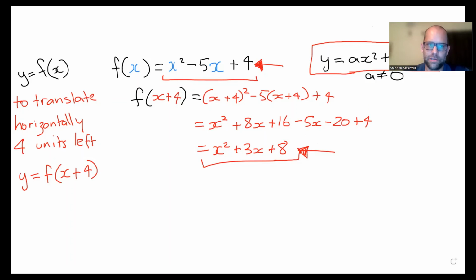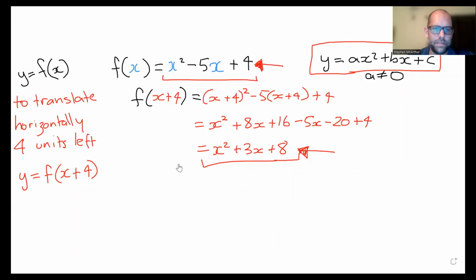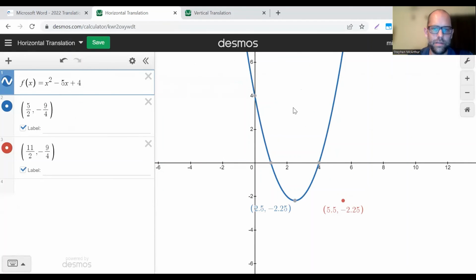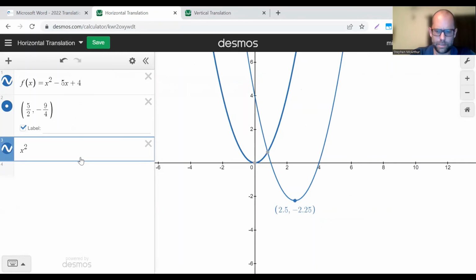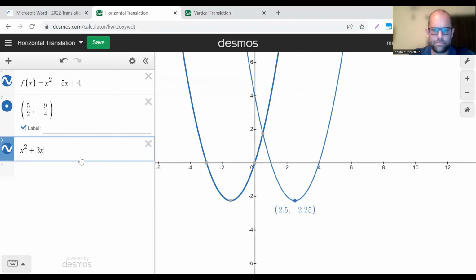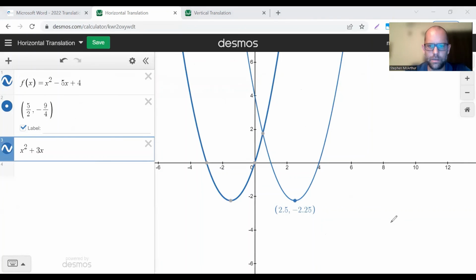Do you know, I don't trust my algebra. I'm actually going to go and have a look. Right, x squared plus 3x plus 8. Let's go to Desmos. Get rid of this. Okay, here we go. x squared plus 3x, what was it? Plus 8, that's right.